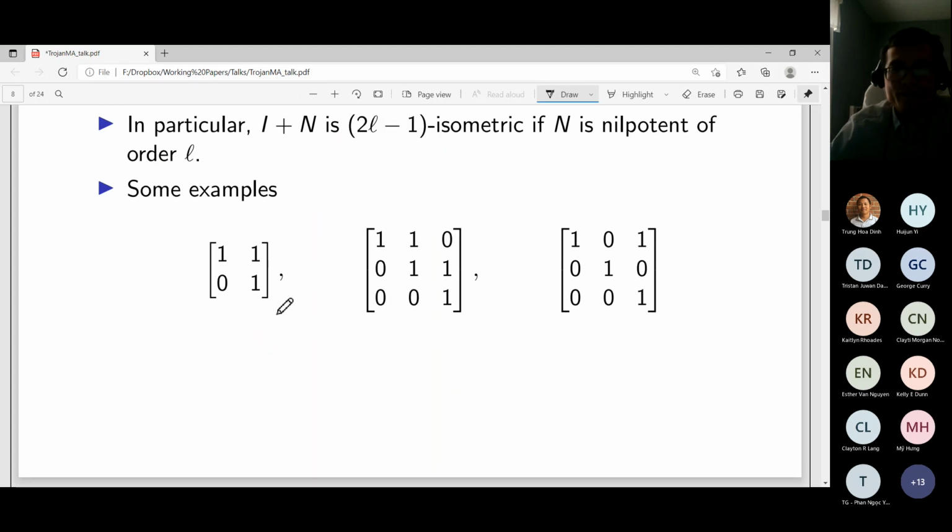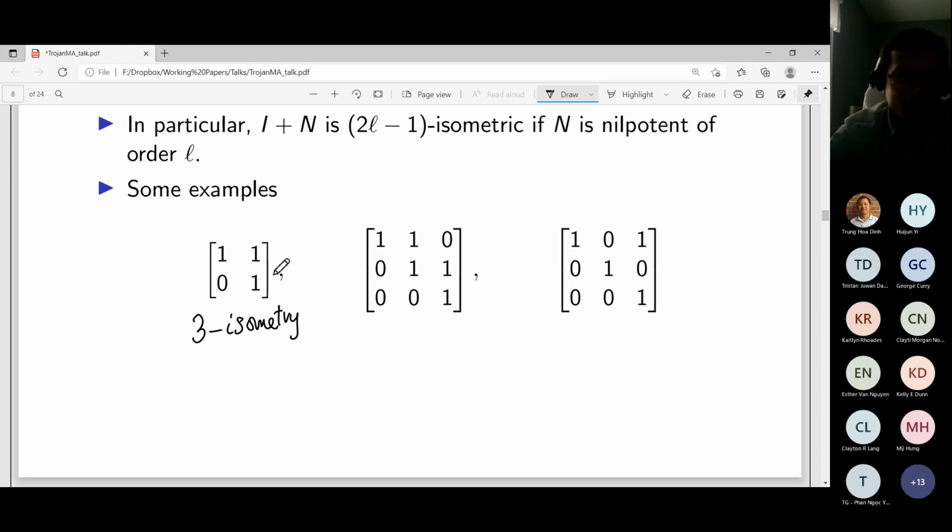So yeah, these examples again. Here we see the three isometry. For this one, we have the identity plus a nilpotent. This nilpotent has order, I believe, order 2, because we need to raise to power 2 to get 0. No, wait a minute.